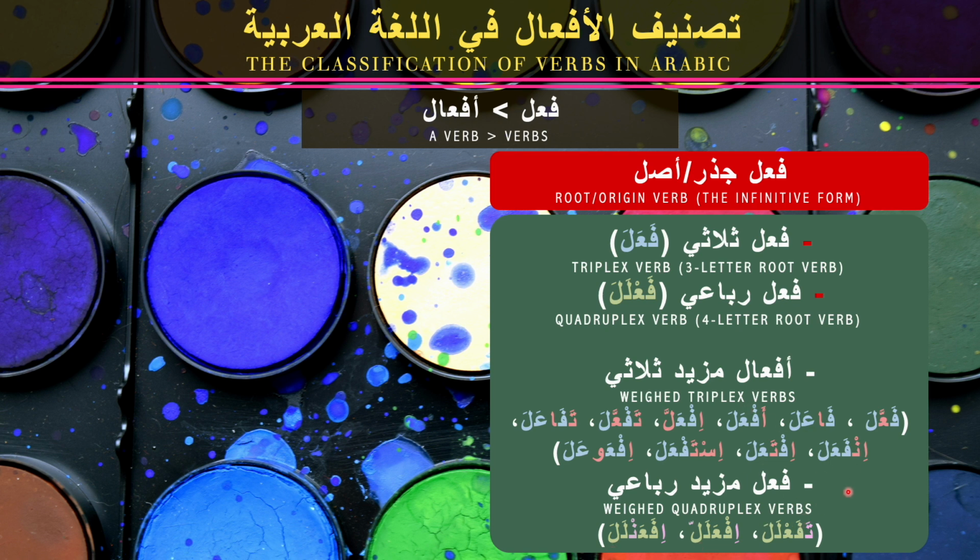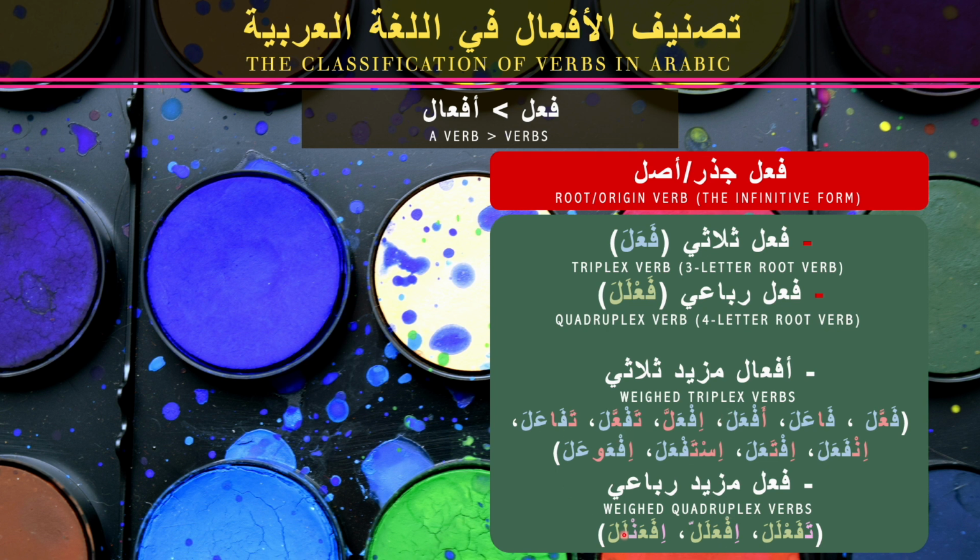Just keep this in your notes: whenever you meet a word or a verb in Arabic, try to remove any extra extension or any affixes added to it, and see if the root is from 3 letters or 4 letters, and then try to understand these added weights on the root so that you can understand if it's مزيد ثلاثي or مزيد رباعي, and which مزيد format it is.